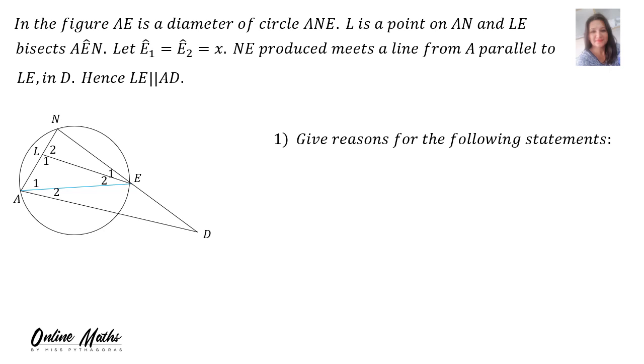Let's do an example. In the figure, AE is a diameter of circle ANE. L is a point on AN, and LE bisects angle AEN. Let E1 be equal to E2 be equal to x.